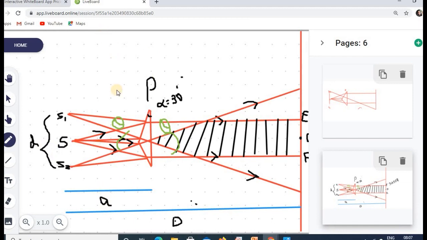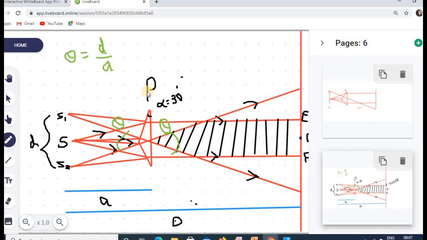So normally I can write angle is equal to arc by radius. Angle theta is equal to arc, which is small d, and radius is A.